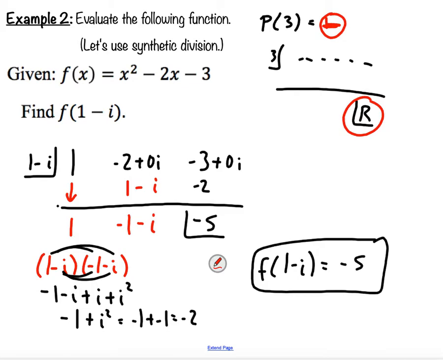So we did f of 1 minus i. Our remainder ended up being a negative 5, so f of 1 minus i is negative 5.